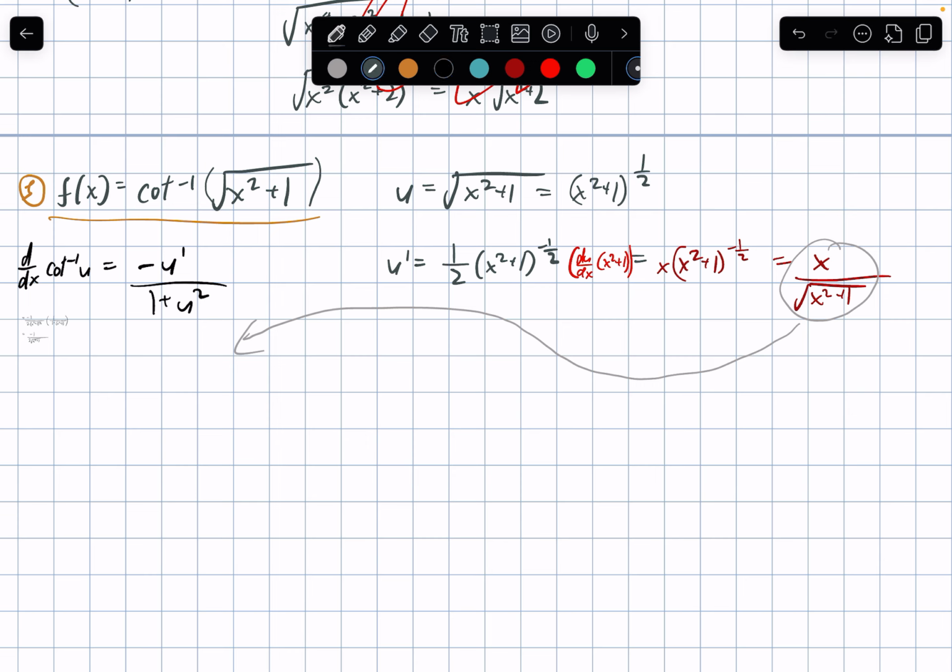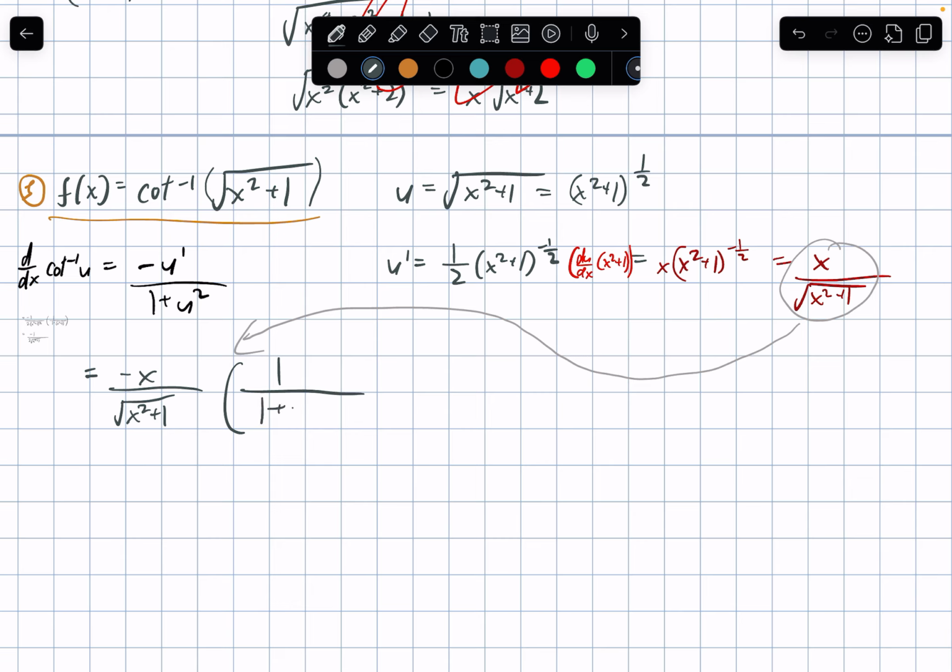Okay, so let's start. Negative derivative of u, so that's going to be negative x over the square root of x squared plus 1, divided by this one. Or if you want to multiply it already, you find the reciprocal. Basically, you exchange the numerator and denominator.